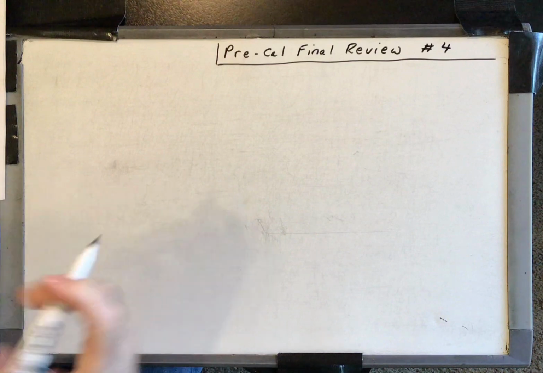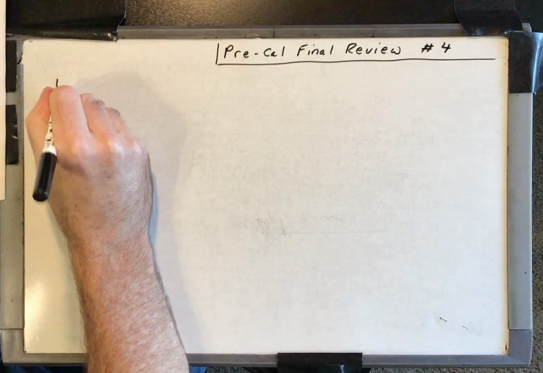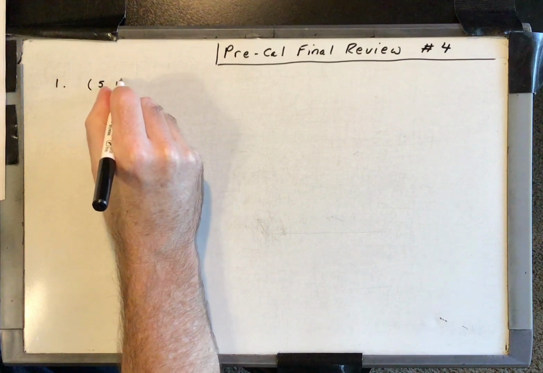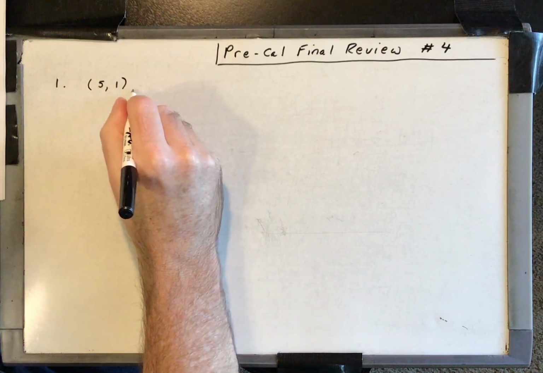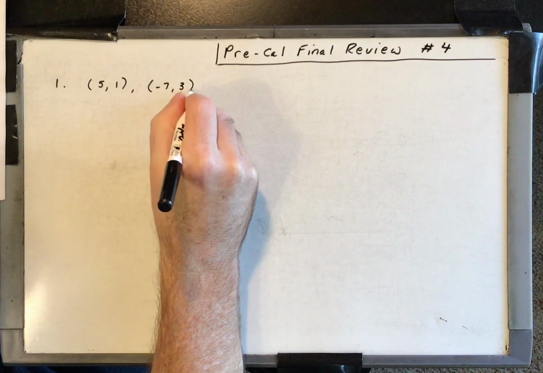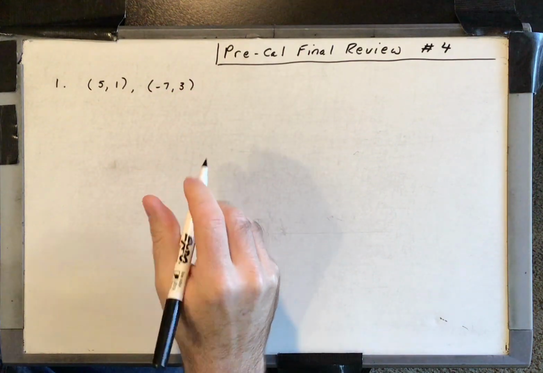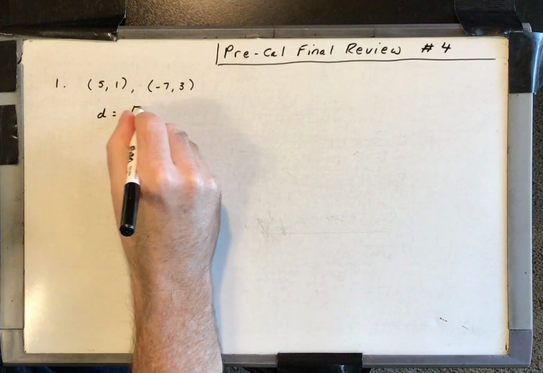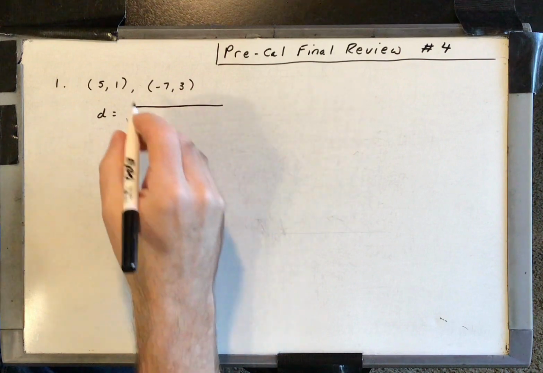Alright, so number 1 says to determine the distance between the points (5, 1) and (-7, 3). The distance formula is just the Pythagorean theorem.